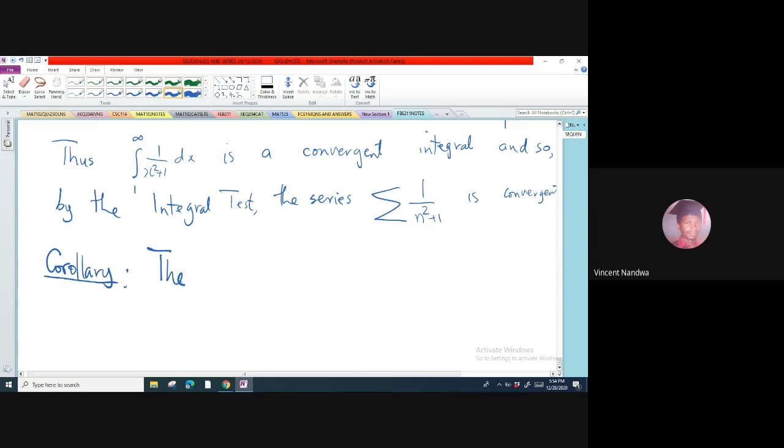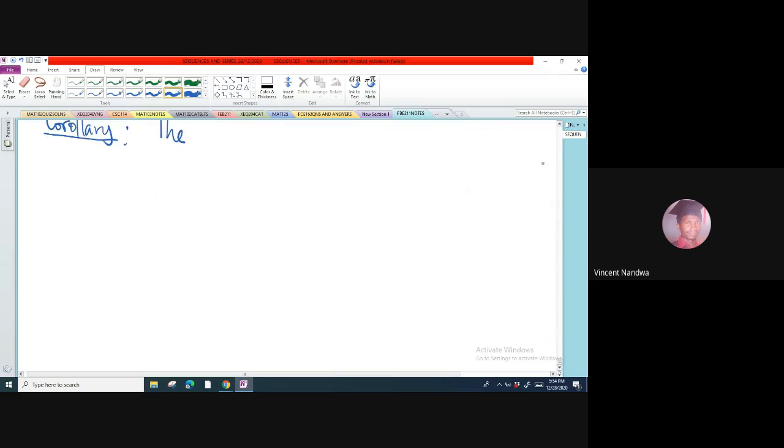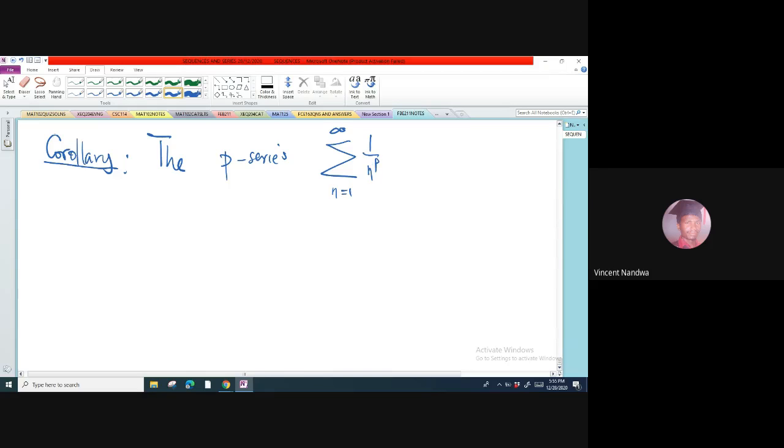The P series, the sum of 1 over n power p, is convergent if p is greater than 1 and divergent if p is less than or equal to 1.